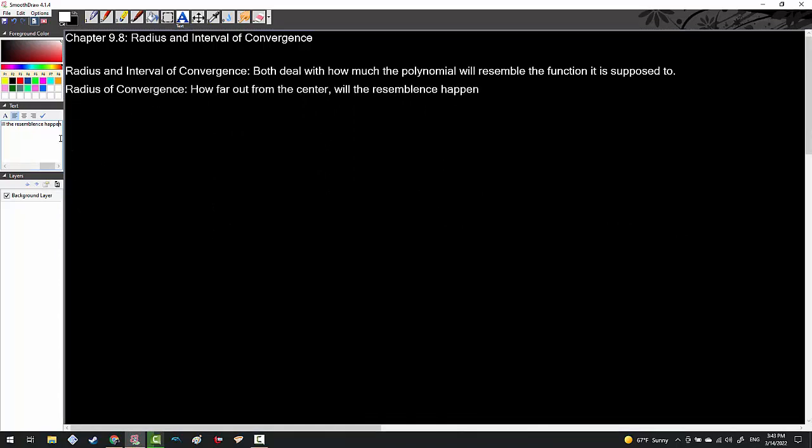And the interval of convergence, this is a pretty direct definition, is basically the interval in which the resemblance happens.